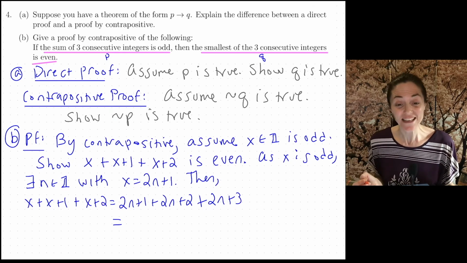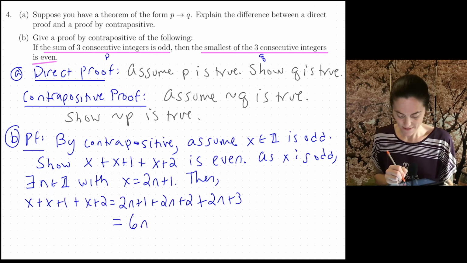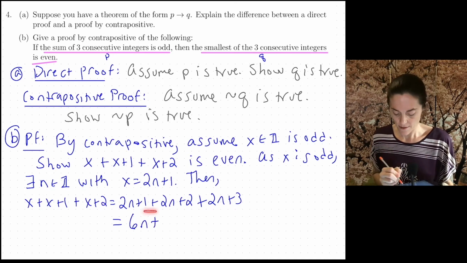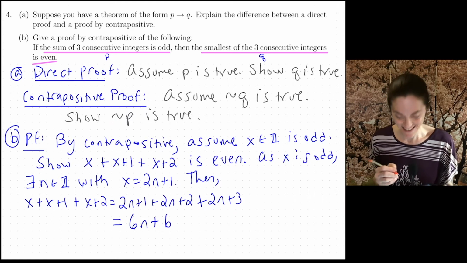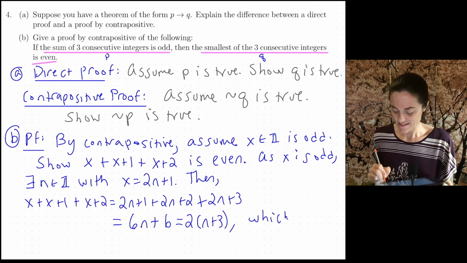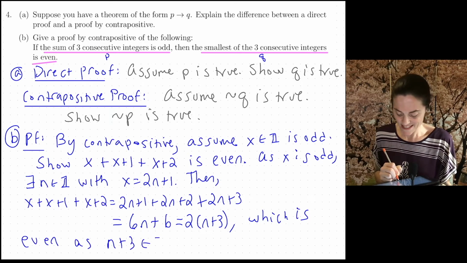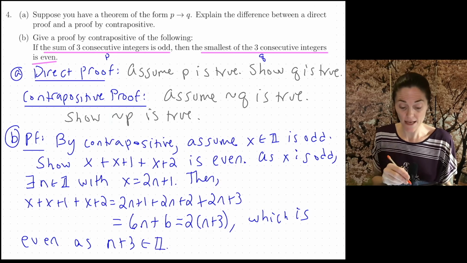This we want to show is even. Well, we have altogether 6n, and then we have plus 6. Okay, this definitely looks even. We just factor out a 2, and then we have n plus 3. This is even as n plus 3 is an integer. And this completes the end of this proof.